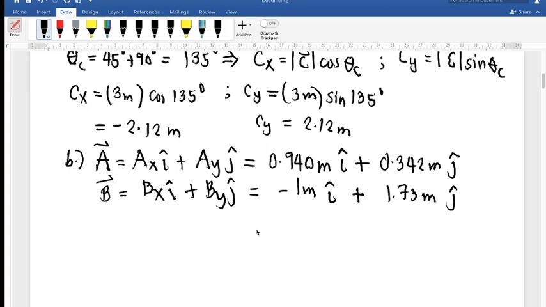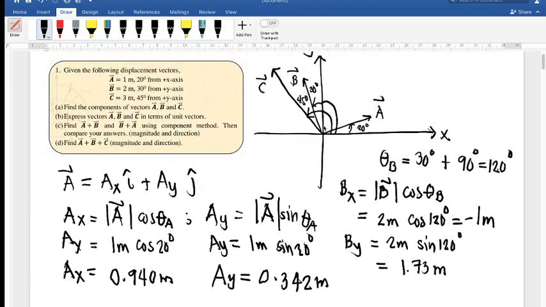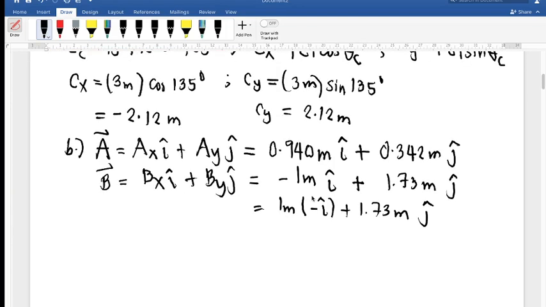Or you can write this one as 1 meter negative i hat plus 1.73 meters j hat. So ang meaning ng negative i hat, it is in the negative x-axis. So your Bx is along the negative x-axis. Okay? Same lang din yan.